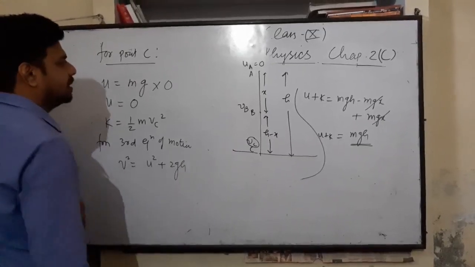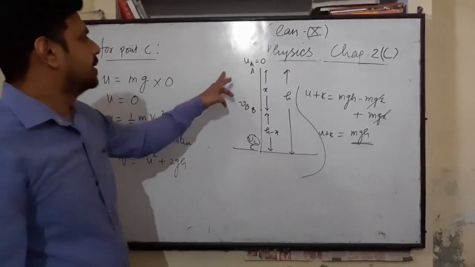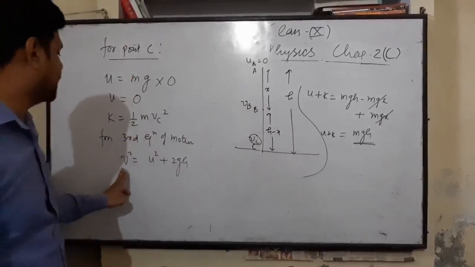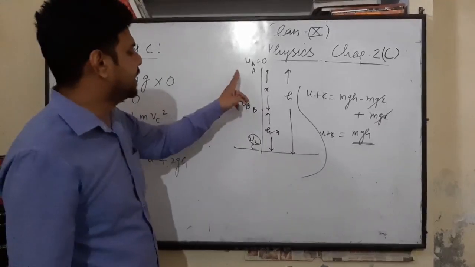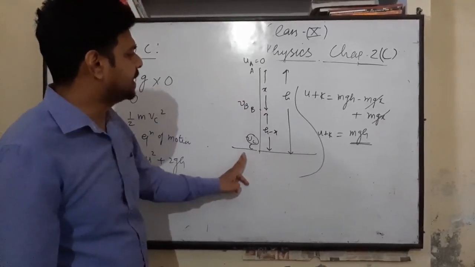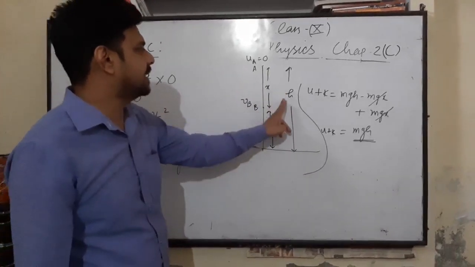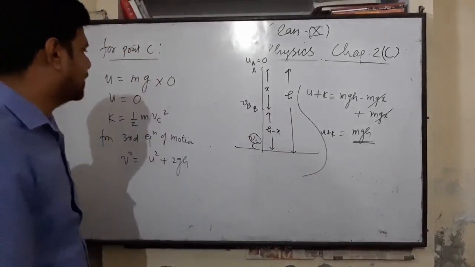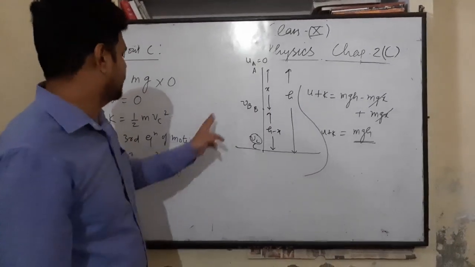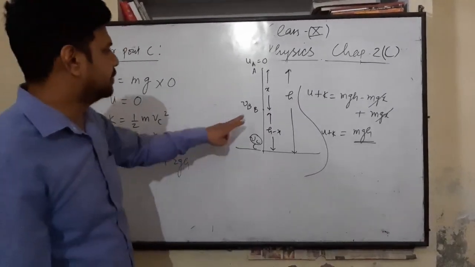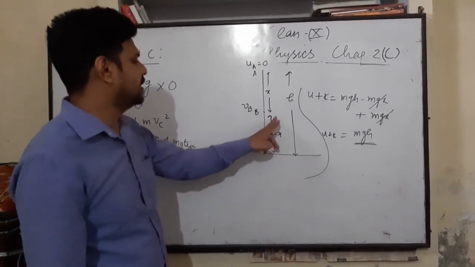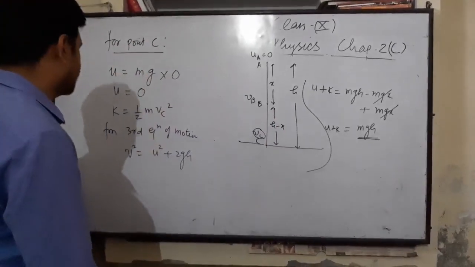If you apply this equation between points A and C, then you take the distance as h. And if you apply this equation between B and C, then you take the height as h minus x.